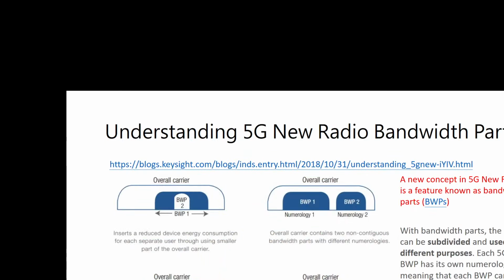For understanding the new radio bandwidth parts, we just explained what a carrier is, right? The carrier may have parts we call bandwidth parts, BWP. So it may include many BWPs. You need to separate them, you need to subdivide them to avoid interference.